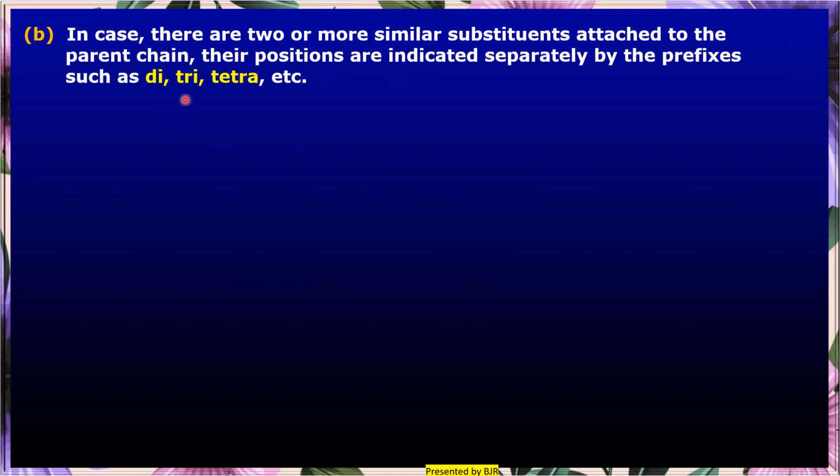If three are attached, we have to use tri. These are the numerical designations. Okay. So when more than one substituent is attached to the carbon atoms in the parent chain, we have to follow the numbering rules as follows. The first one is the lowest set of locants rule.